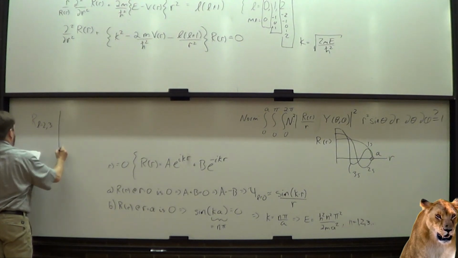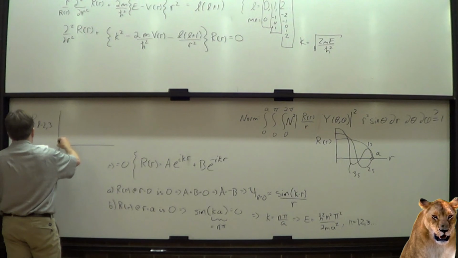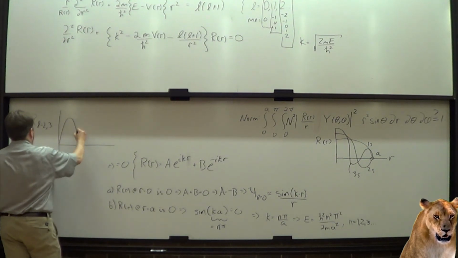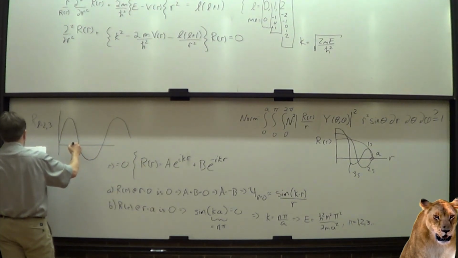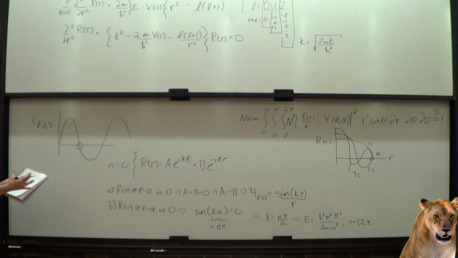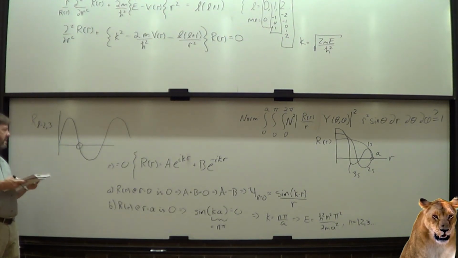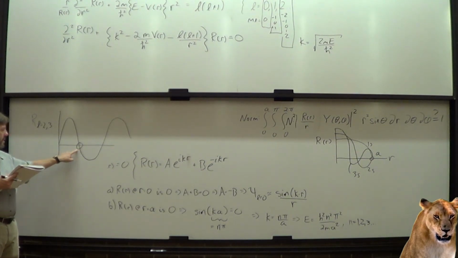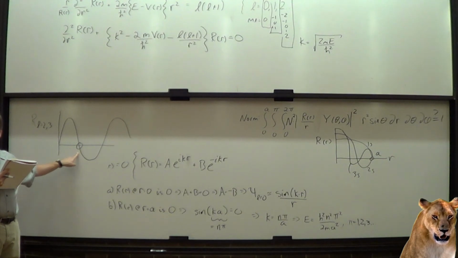So I'm just going to draw some L equals 2, 3 wave functions. The way these things look is, again, like this. So what you're looking for is where are the nodes? If this is a P state, you have to make this point, which is like 3.14 or something like that, actually equal a, like we talked about last time.